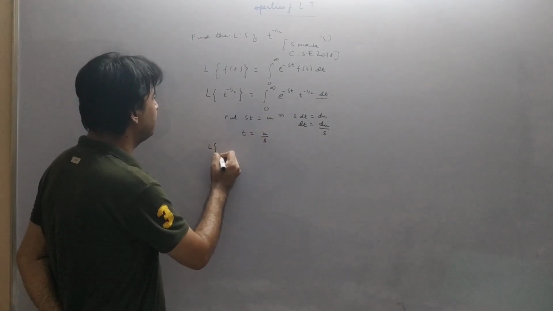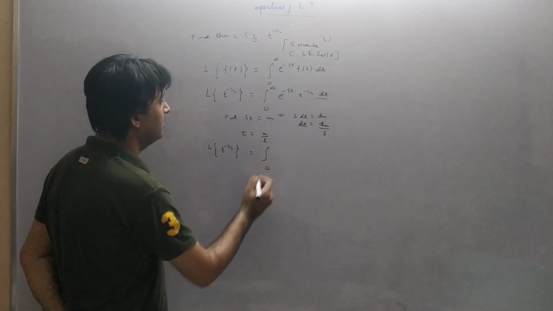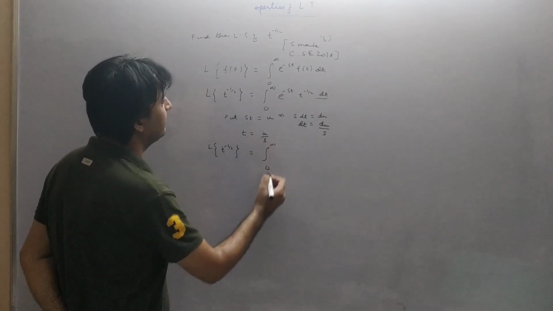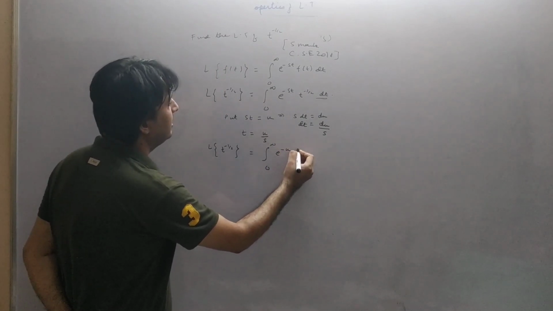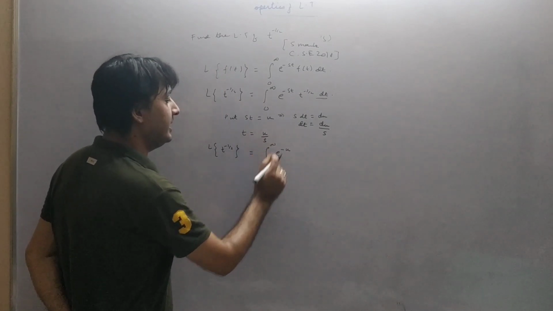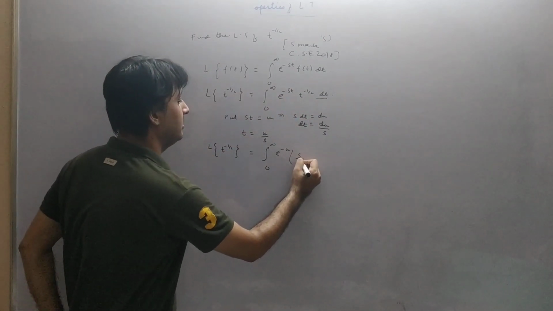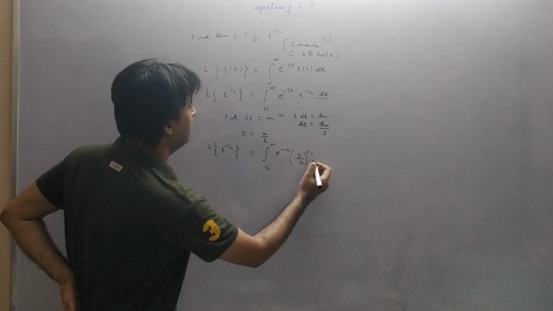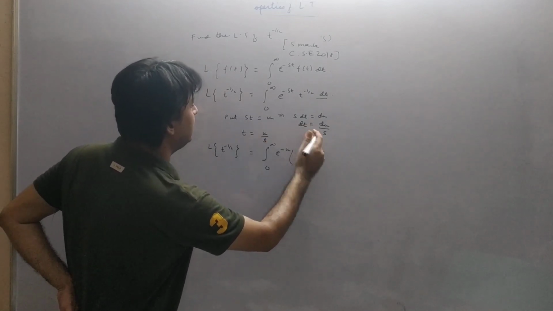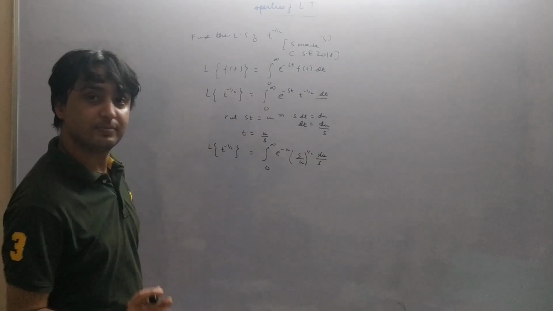So the Laplace transform of t to the power minus half is going to be the integral from 0 to infinity of e to the power minus u, t is u by s, to the power minus half, so we can reverse it up, and dt is du by s.